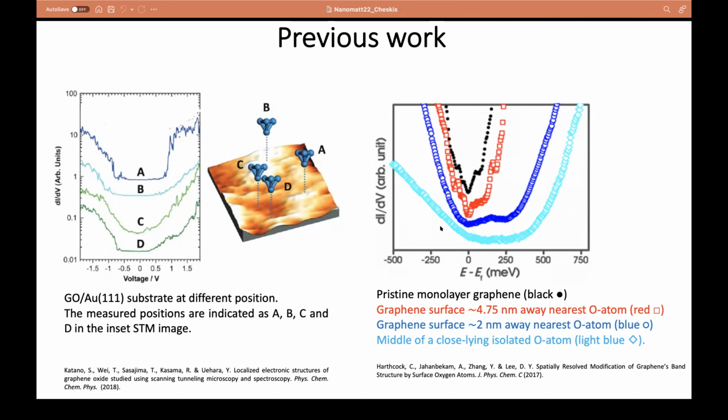After that, STS measurements were made as a function of distance from these oxygen groups, oxygen atoms, and it was shown that the STS measurements and density of states change very drastically.